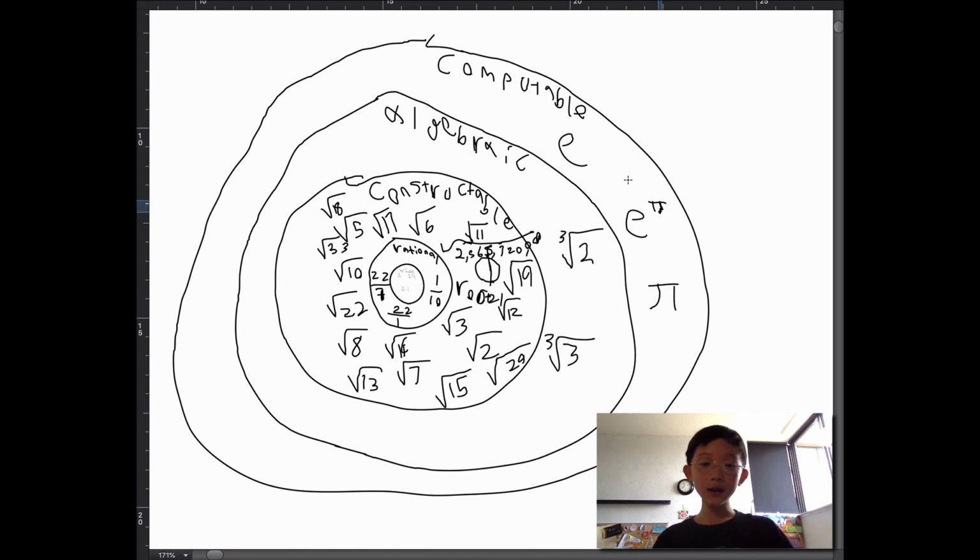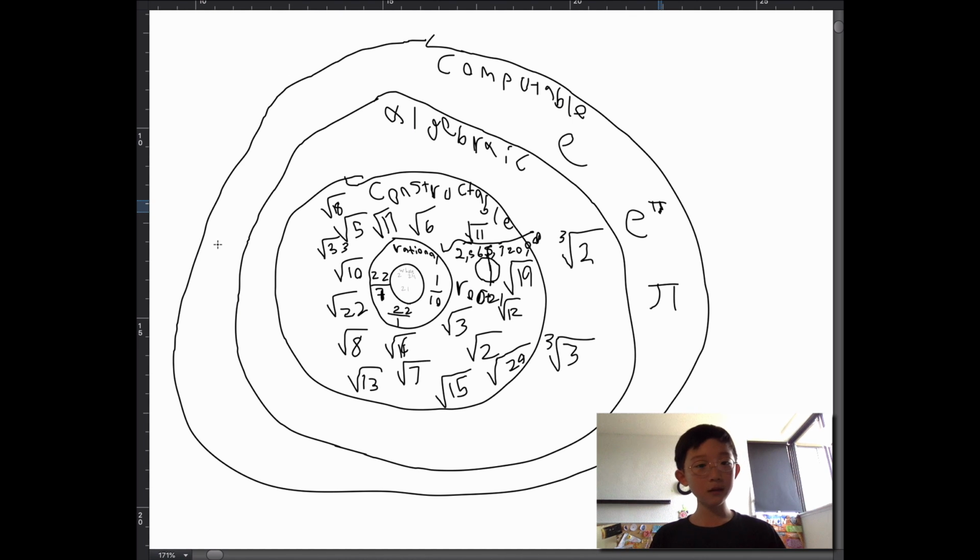Pi to the e. Anyway, pi to the e, we don't know. Pi to the pi, we don't know. E to the pi, we don't know. We also know that those are usually the numbers that you can have an algorithm to compute. So like cube root of 2 would also be computable, but it's also considered algebraic, so we would just leave it in as algebraic.